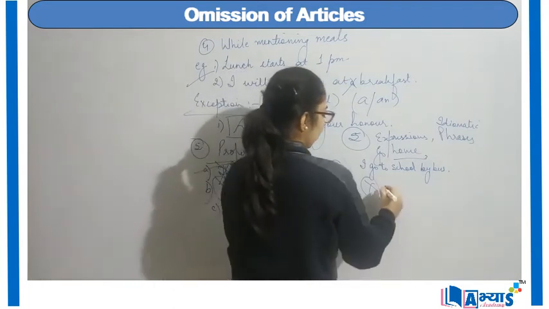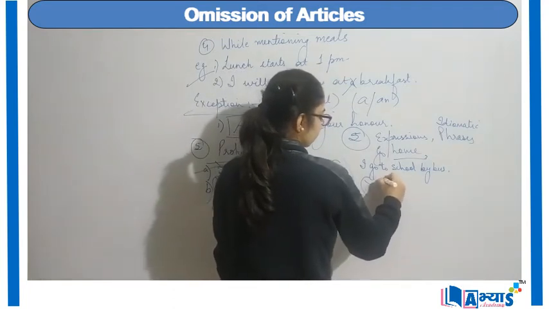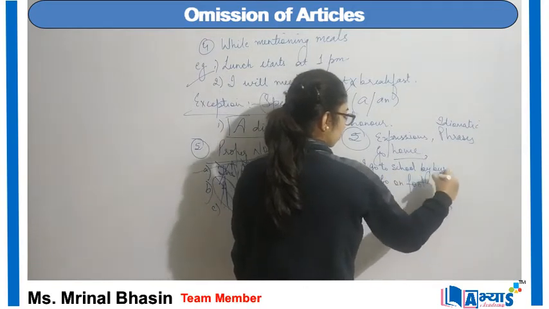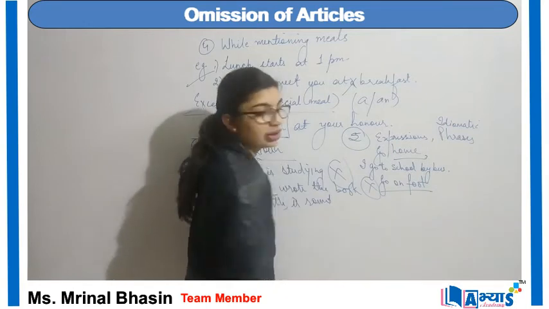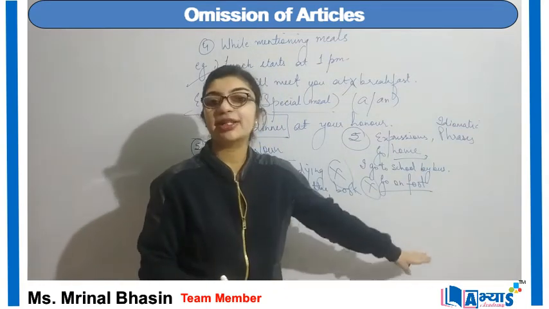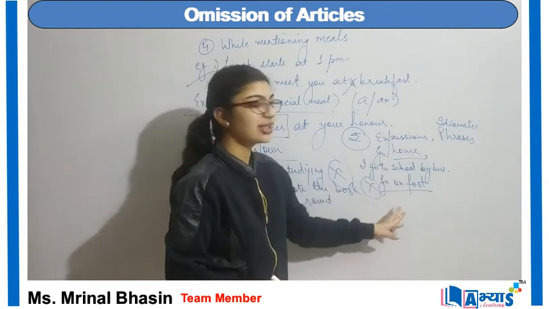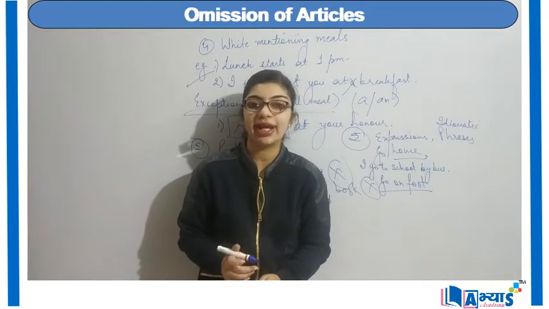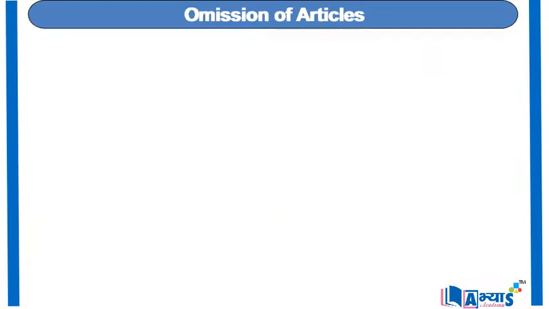Or I can say "go on foot." Now, "on foot," I will not say "on a foot." So all these are expressions, and with expressions we omit the articles. We do not use article a or an.